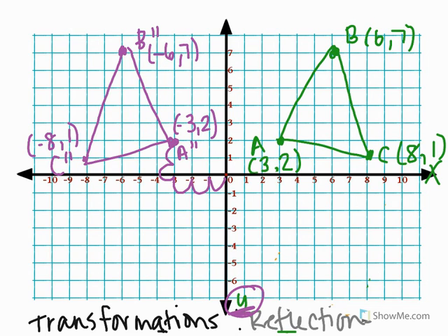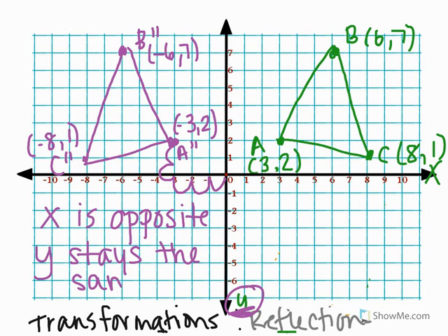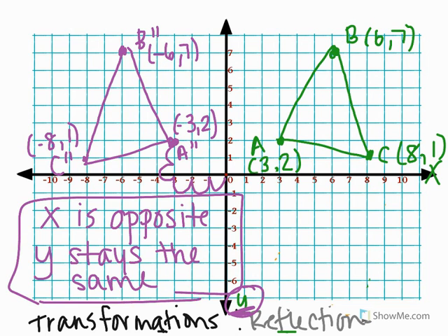When we flip over the y-axis, x is the opposite. And the y-coordinate stays the same. So you can use these rules of how the coordinates change or not, or you can count over the spaces, or a combination of those two. But that is reflections over the x and the y-axis.